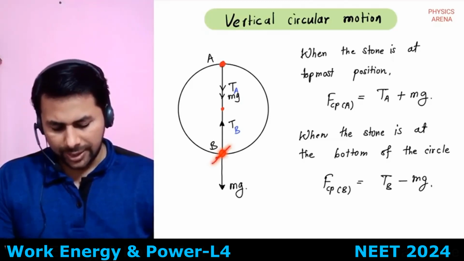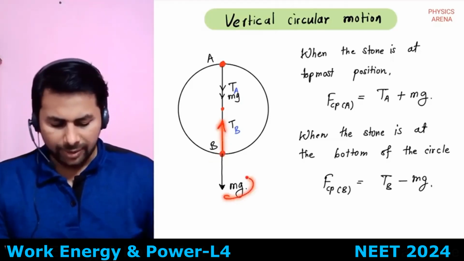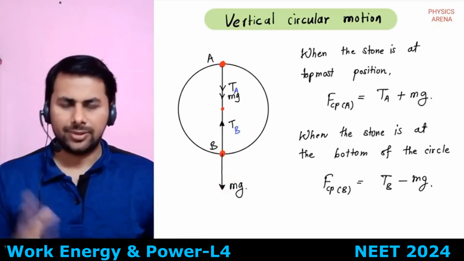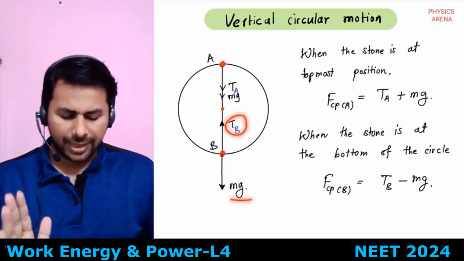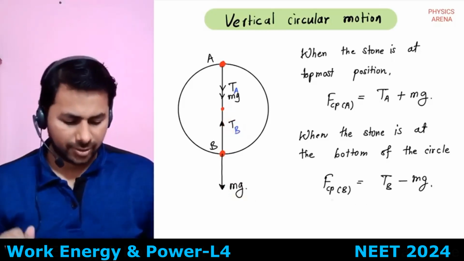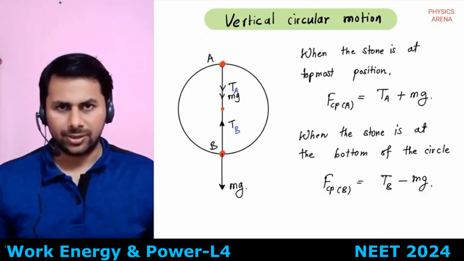At the bottom point, the tension is acting upwards, but the gravitational force is downwards. So what is the force towards the center? It is tension minus the gravitational force. So FCP at B is T minus mg.